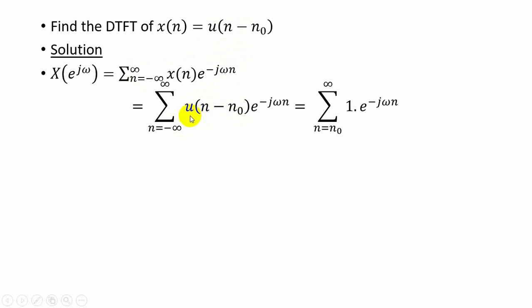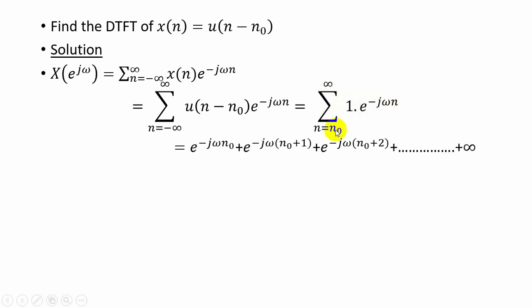We know that unit step sequence u of n is equal to 1 when n is greater than or equal to 0. Here the unit step sequence is shifted by n0 units. So u of n minus n0 is equal to 1 when n is greater than or equal to n0. So it is enough to consider n equal to n0 to infinity, where u of n minus n0 is equal to 1, multiplied by e power minus j omega n.